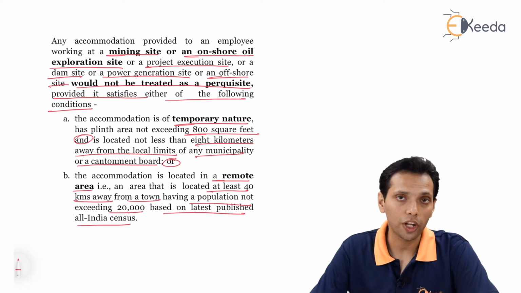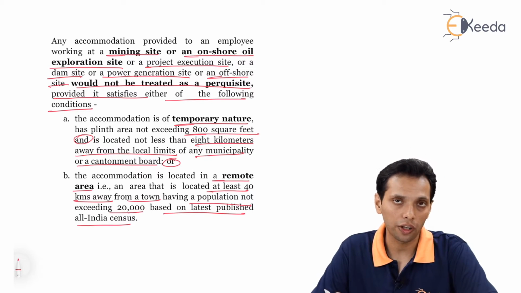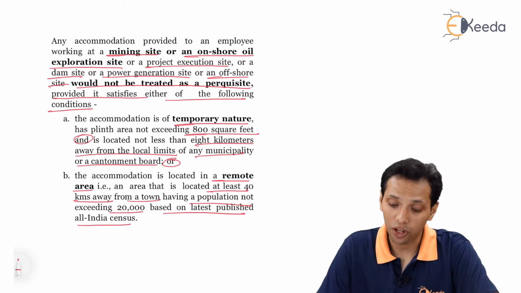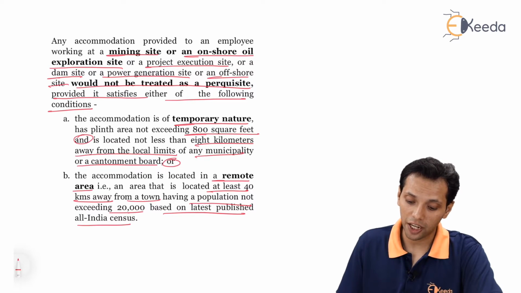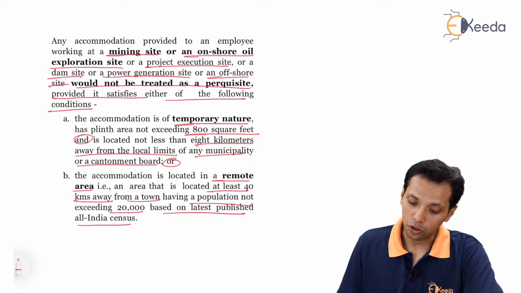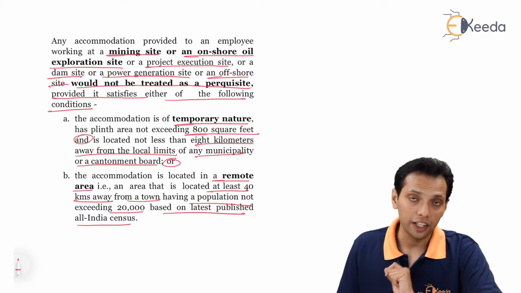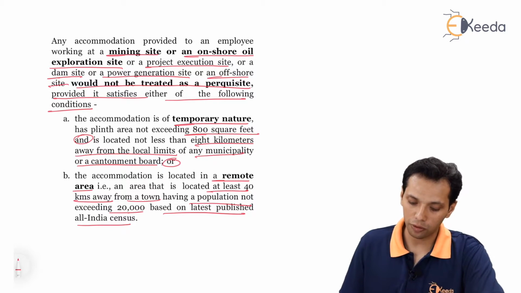So the accommodation provided by the employer to the employee who is working on a mining site or oil exploration site, project execution site, dam site, power generation site and offshore site would not be treated as perquisite value. The accommodation needs to satisfy either of the following conditions.